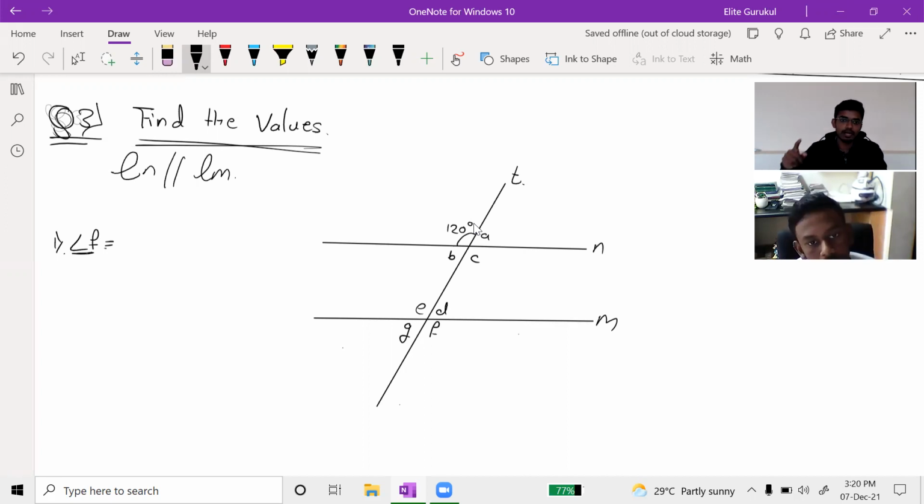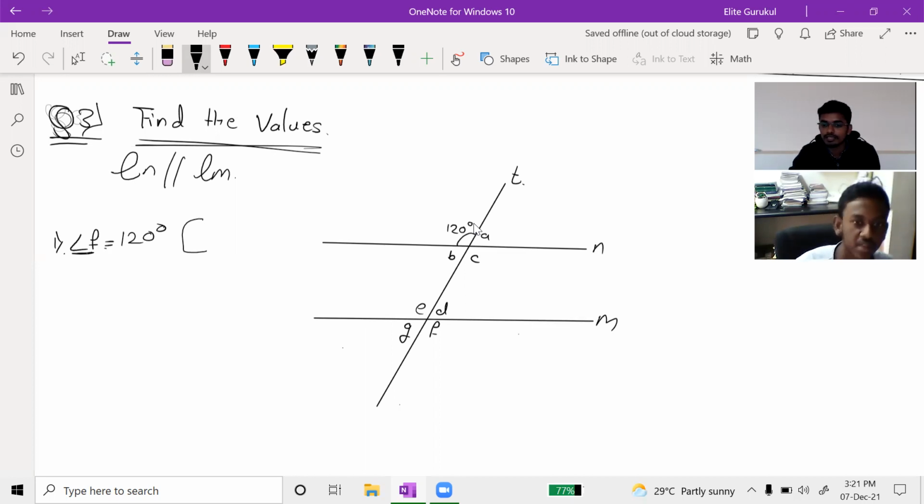Now look at the alternate external angle for angle F. 120 degree.